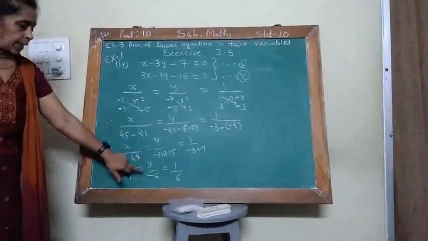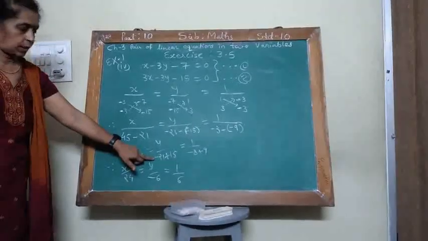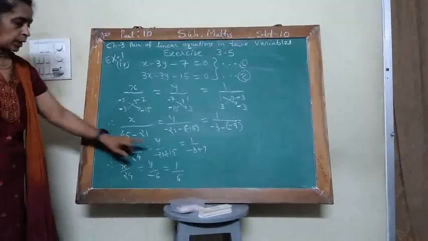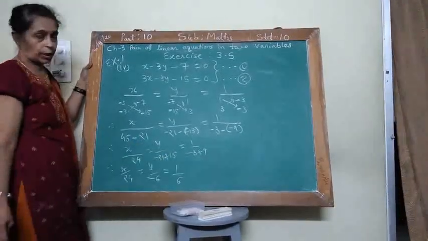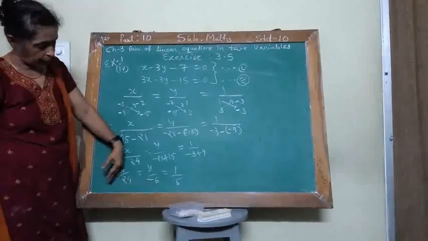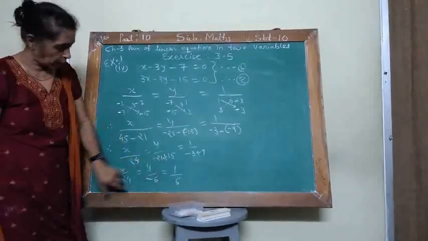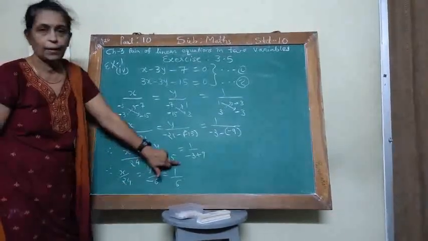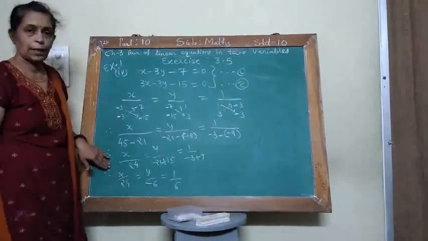Simply, the negative sign will be there because the negative number is larger than the positive number, so put the negative sign. Therefore you compare: these three ratios have the same value, so you compare the first with the last. Only put this number here: 24 upon 1, and no need to put 6 here.